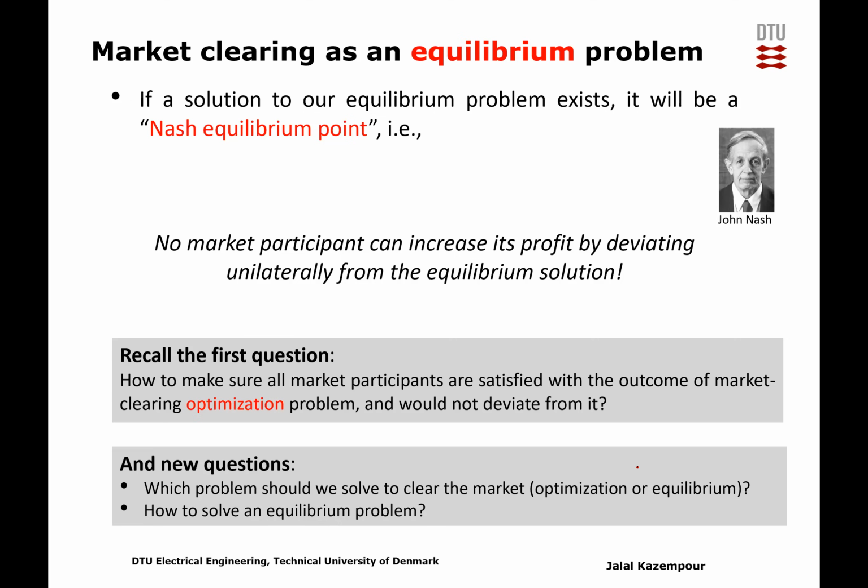Okay, good. The other question is how can we solve an equilibrium problem? We have 5 optimization problems. They are linked together. How are we going to solve it? Any clue? Akila says duality.